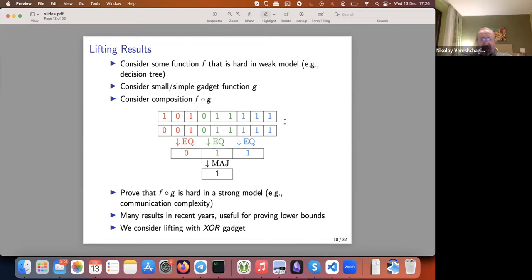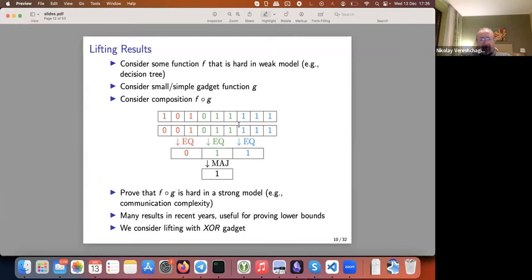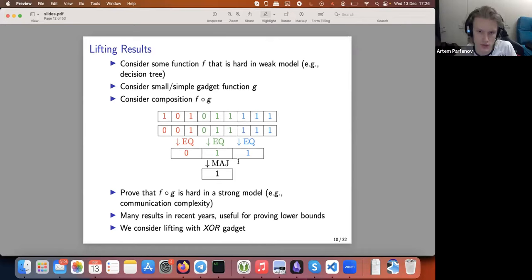So in this example, the gadget is equality? Yeah, and we will study XOR. For equality, such a result exists for partial functions. And what do you mean by weak and hard?